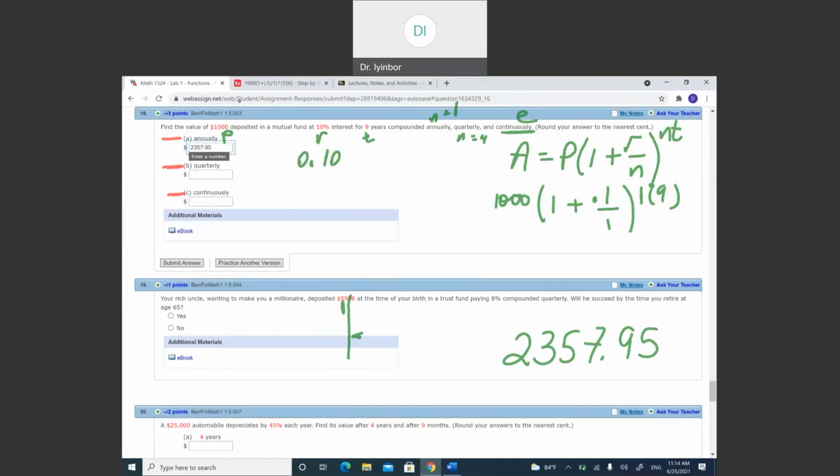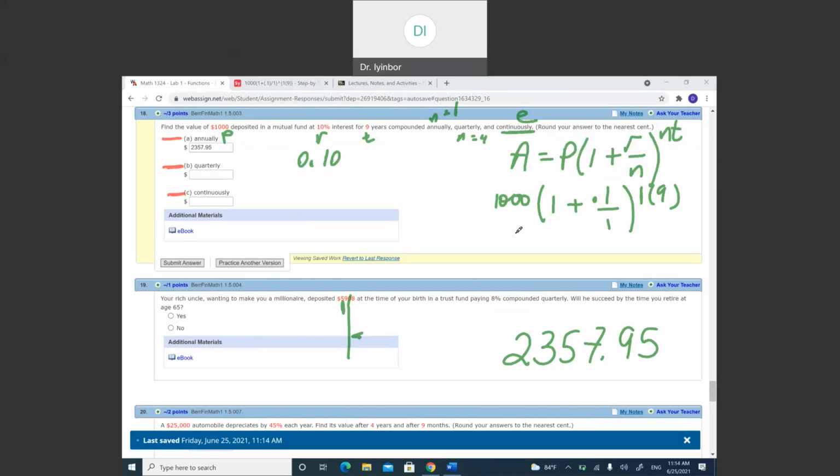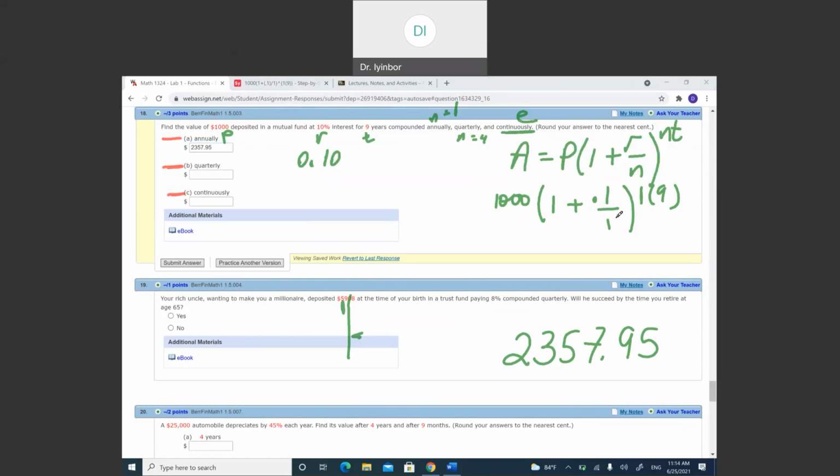And then the next one, B, we have to do quarterly. So quarterly, N is going to be 4. When I plug it in, N is 4. You're just going to replace here. This is 4 and this is 4. So you're just going to change those two numbers to 4. Nothing else.